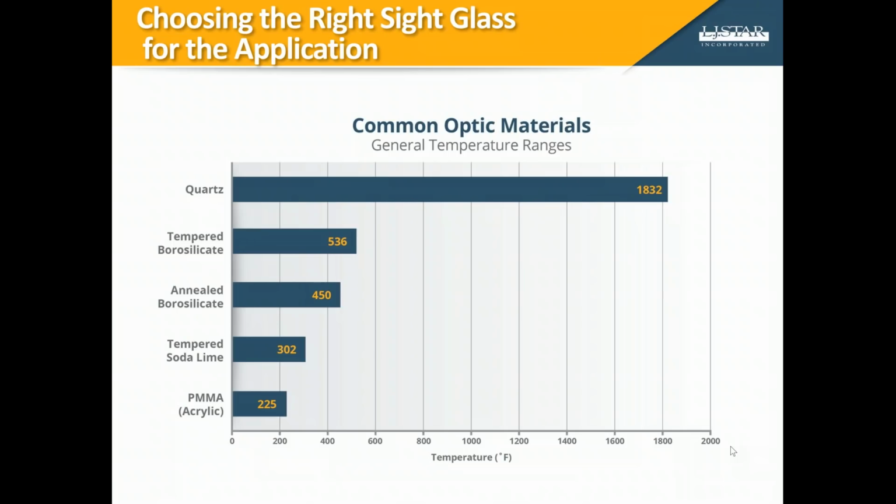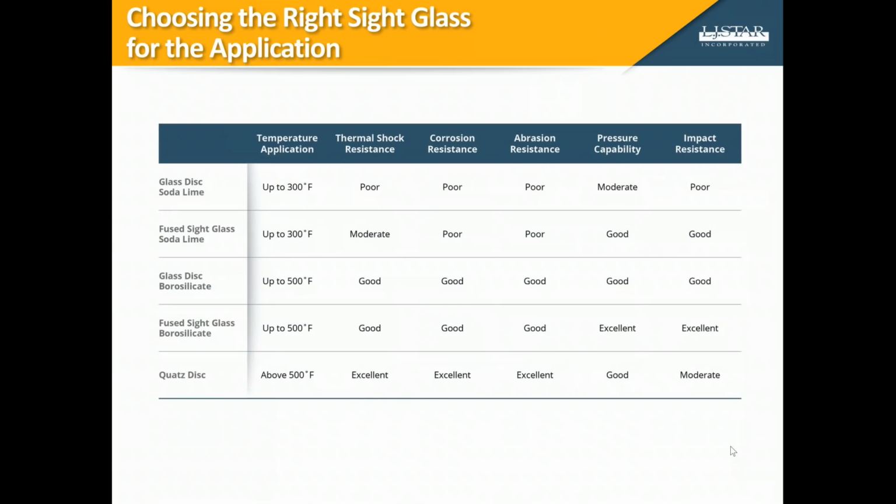Obviously, not all materials are equally appropriate for all sight glass applications. Here is some additional information on the various material options available, including the temperature, thermal shock resistance, corrosion resistance, abrasion resistance, pressure capability, and impact resistance.